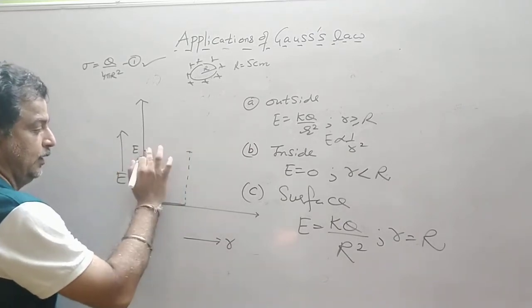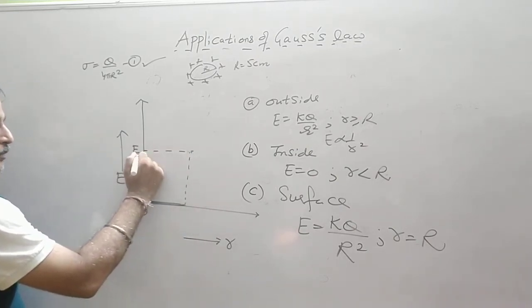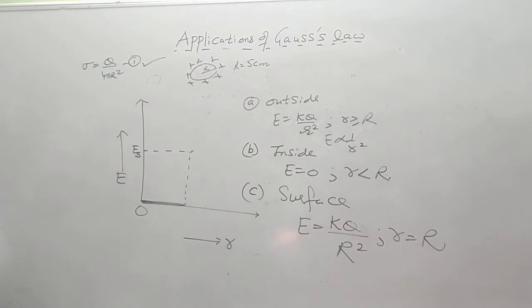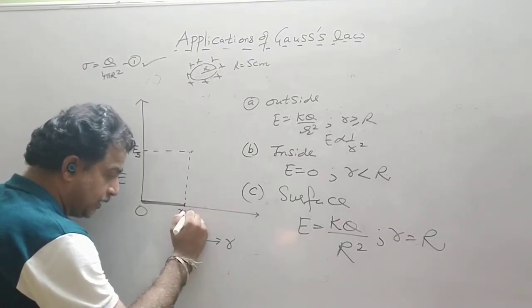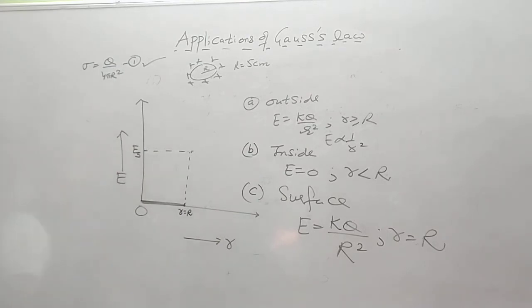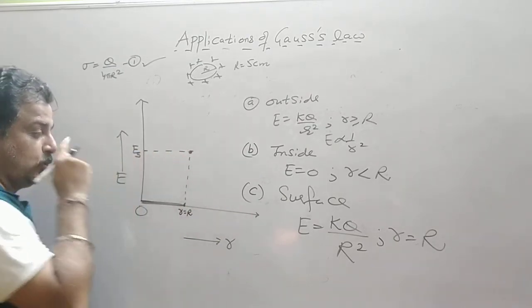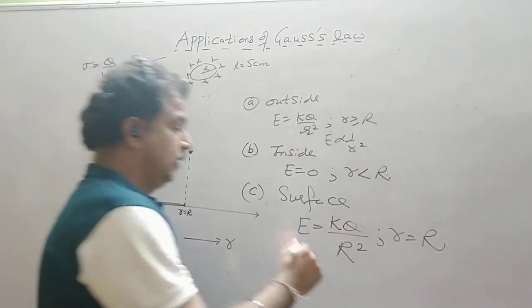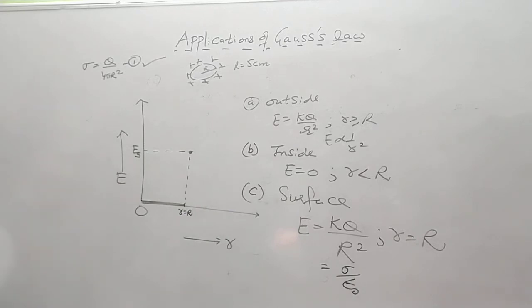So this is the value on the surface. I am writing ES, S for surface, and this is small r equal to capital R. So suddenly the field increases, and this is its value, a constant value, because this can also be written as sigma upon epsilon naught.